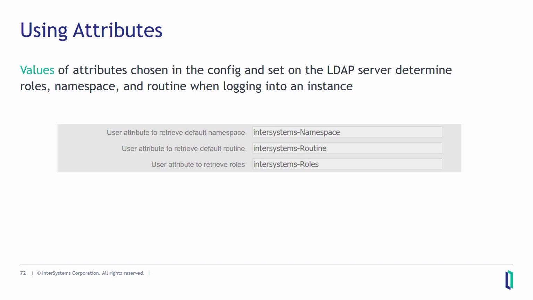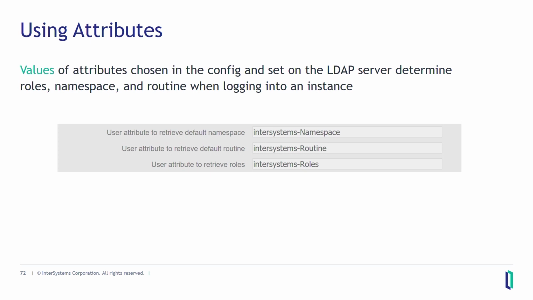And you would tell the instance, hey, when this user logs in, go to the LDAP server, find these attributes for the user, and look there to find out what roles it has, what routine it runs in terminal, what its default namespace is. And it was nice because you had a centralized repository for all of your instances, but you still had to go in and create these attributes, which isn't always the prettiest thing to do. And you had to do this for every single user.